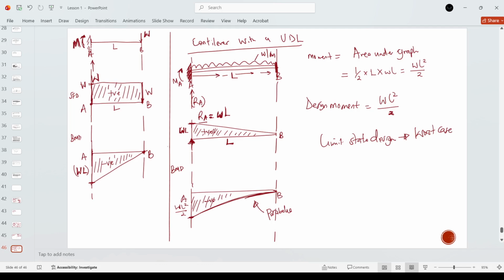So when we are designing for this beam, we want to concentrate on the area that can easily fail by bending, and it can only fail by bending. That area is where there is maximum bending. So we want to concentrate on that. We want to check on that. That is where we are going to obtain our design moment.